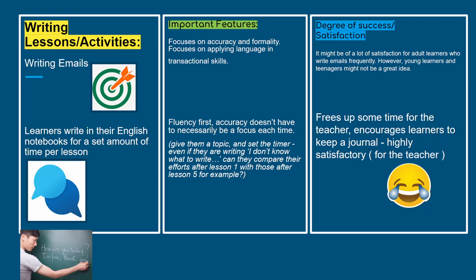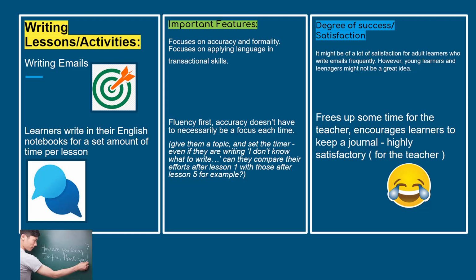Learners write in English notebooks for a set amount of time per lesson. Now, this would be great for younger learners. It would definitely help increase fluency. Accuracy isn't necessary. The teacher's probably not going to check everybody's notebook every day. They're just going to say, "Did you write?"